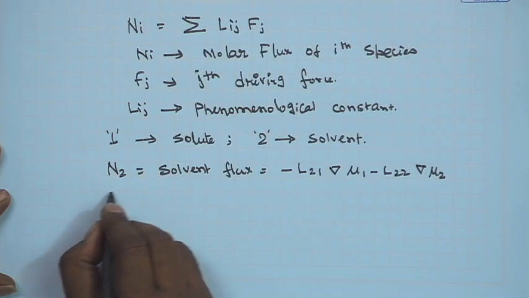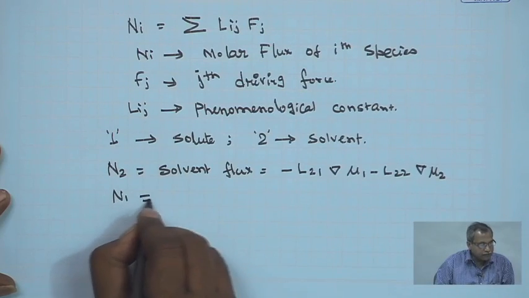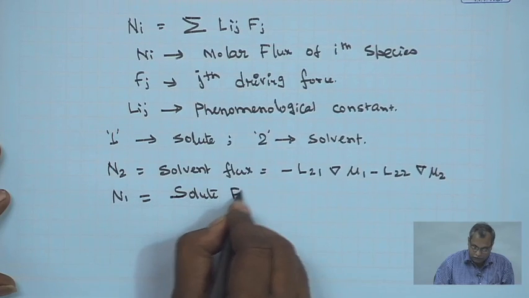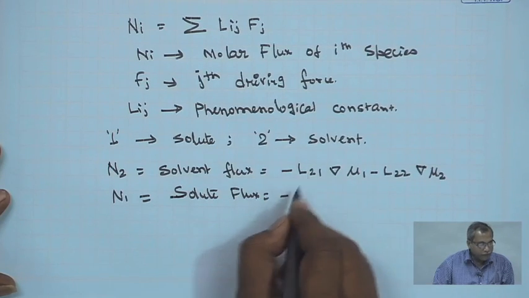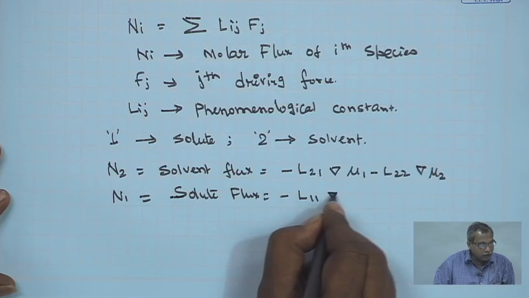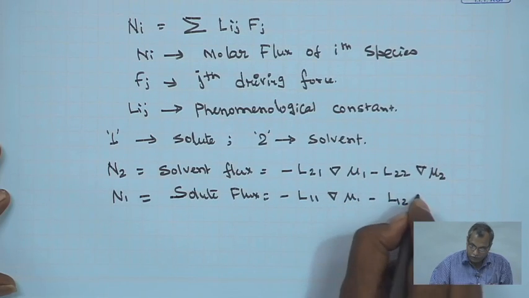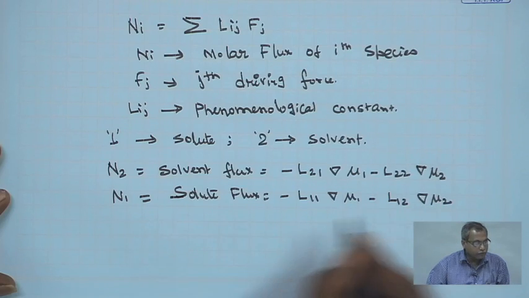And similarly, we can write solute flux as minus L_11 gradient of mu_1 minus L_12 gradient of mu_2.